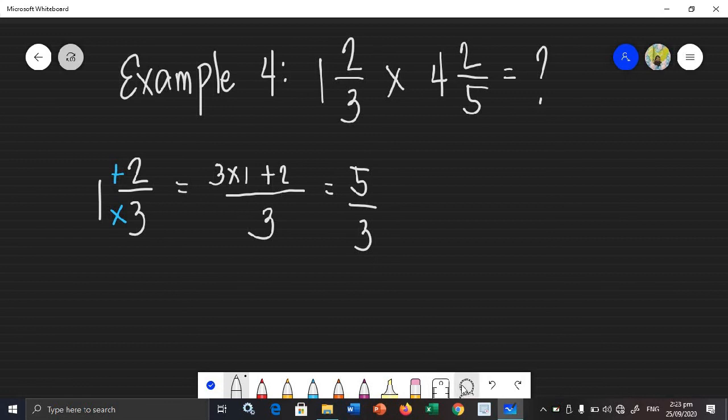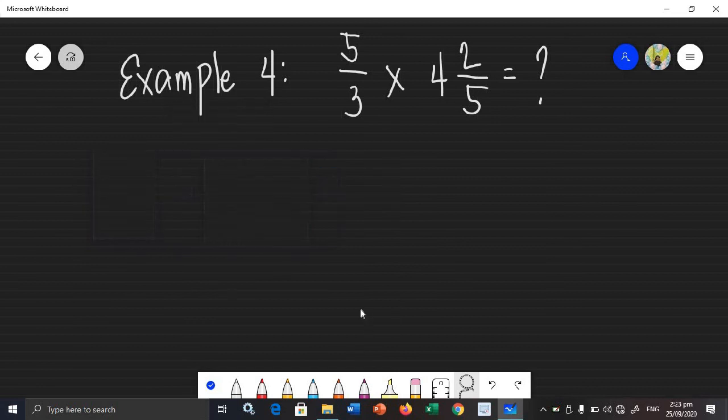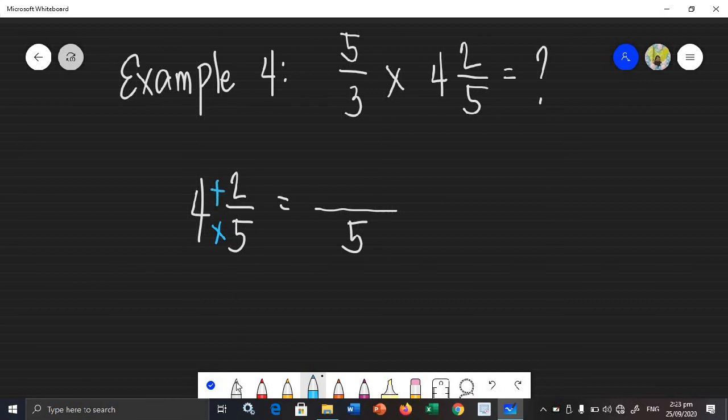So, I'm going to remove this because this is what we will use in solving this problem. Okay? How about the other one? So, we will also convert this into an improper fraction. So, 4 and 2 over 5. The denominator is 5, the same as this. To get the numerator, 5 times 4 plus 2.